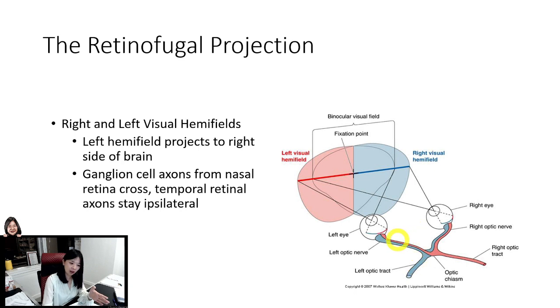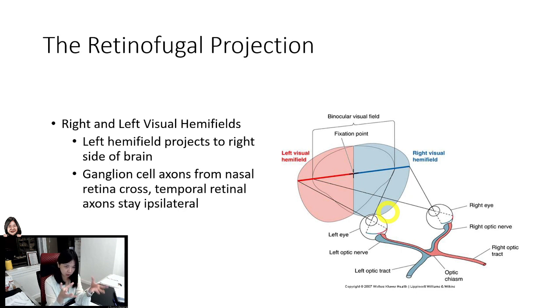Let's talk about the nerve first, as being split into two halves, a nasal half and a temporal half, the nasal half being closer to your midline or your nose, and the temporal half on the outside. Each half is responsible for carrying data from different parts of the visual field, right?